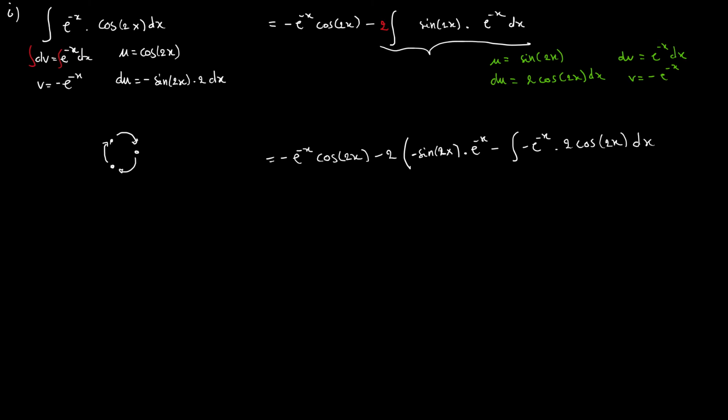Okay, again, let's cancel out these negative signs because they're there anyways. So this negative and the negative in front of the integral together make plus. And then this 2, let's move it as well. We put it over here.